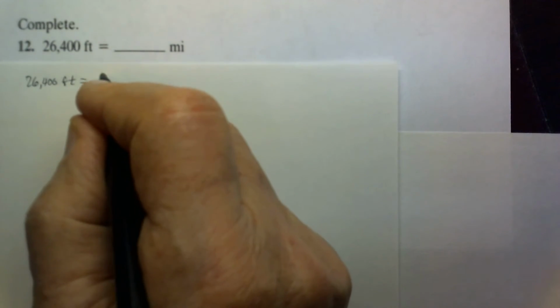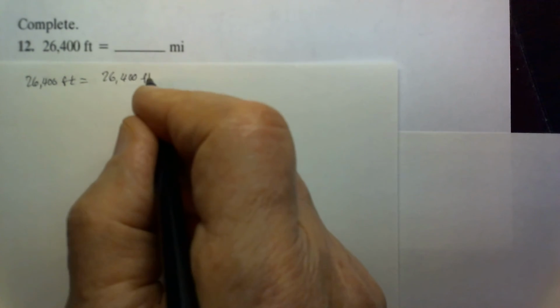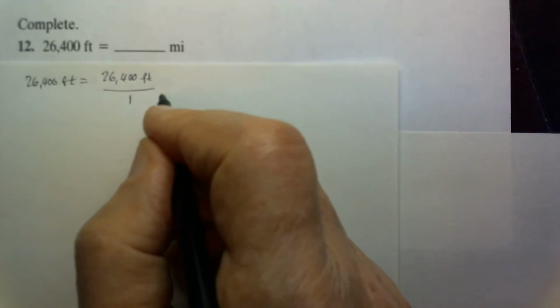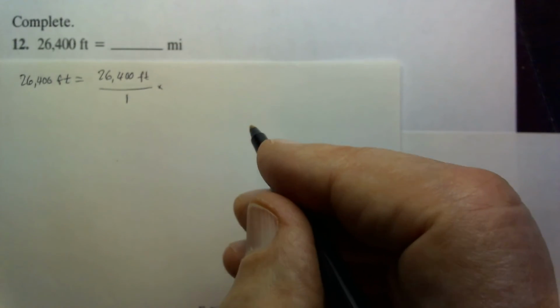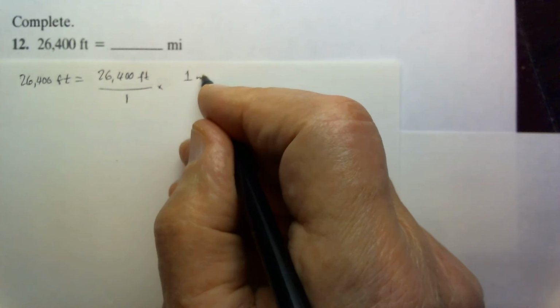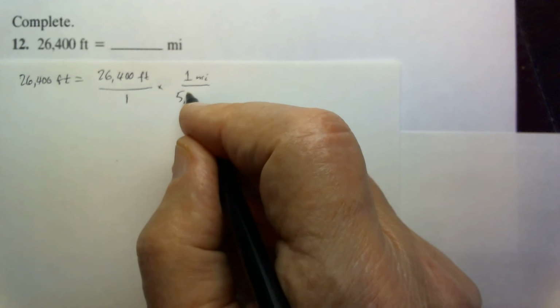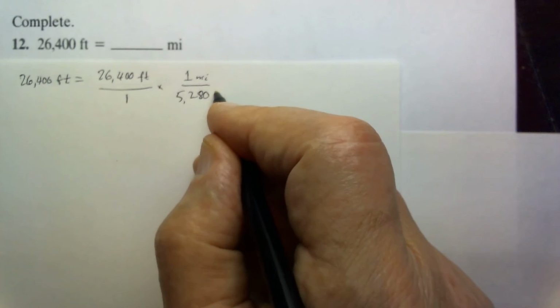To convert 26,400 feet into miles, we write this as 26,400 feet equals 26,400 feet divided by 1, times 1 mile for 5,280 feet.